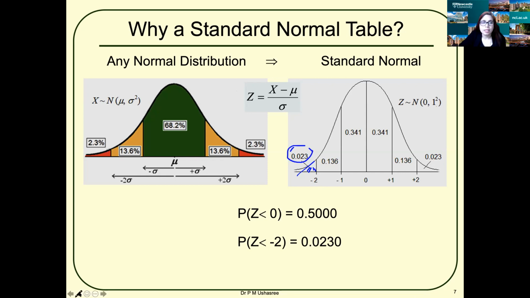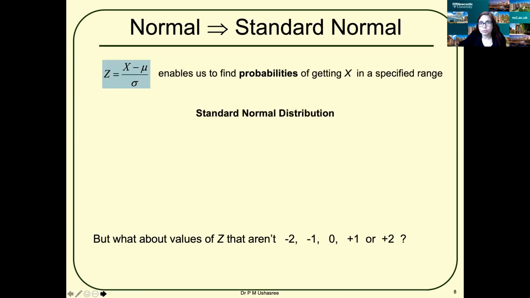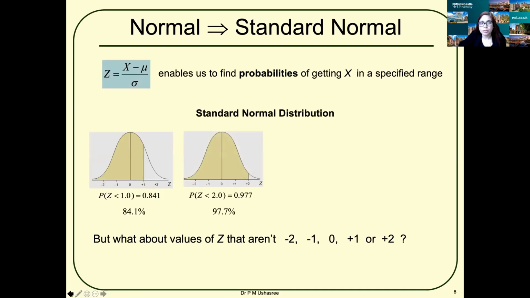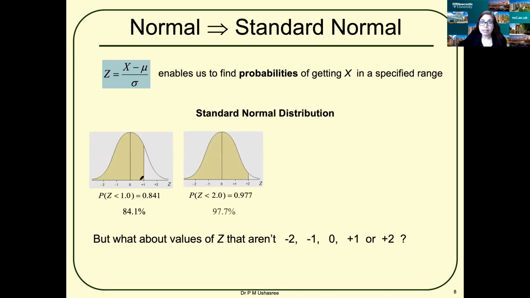This enables us to find the probability of getting x in a specified range. So now you can find the probability of any of these values, which is easier.